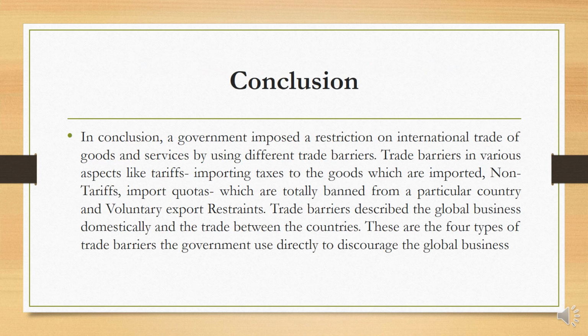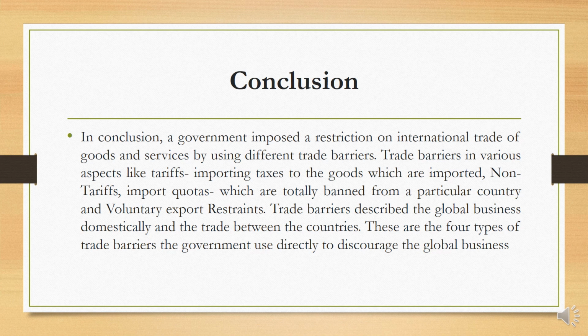Conclusion. In conclusion, a government imposes restrictions on international trade of goods and services by using different trade barriers in various forms, like tariffs imposing taxes on goods which are imported, non-tariff barriers, import quotas, embargoes which totally ban trade from a particular country, and voluntary export restraints.